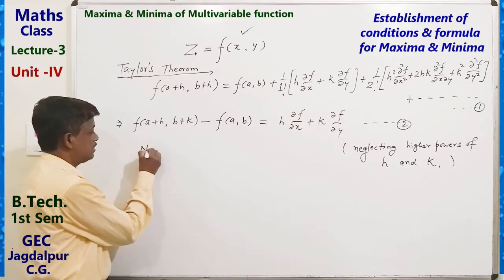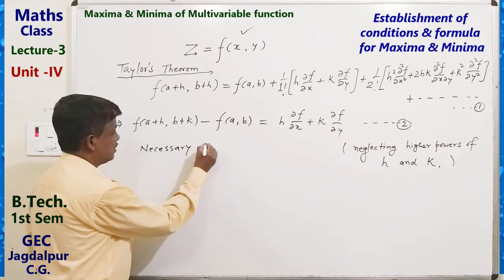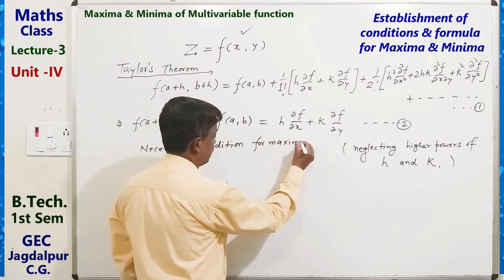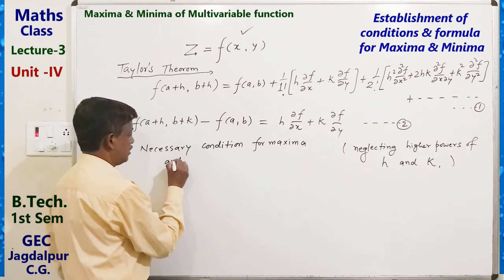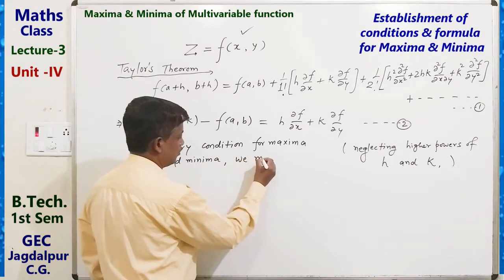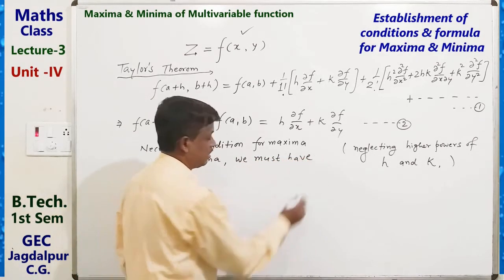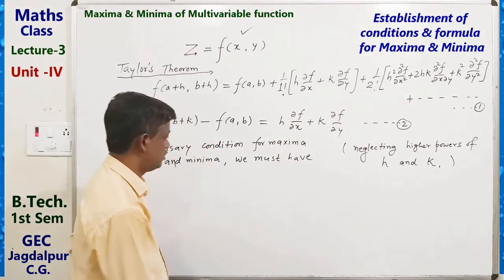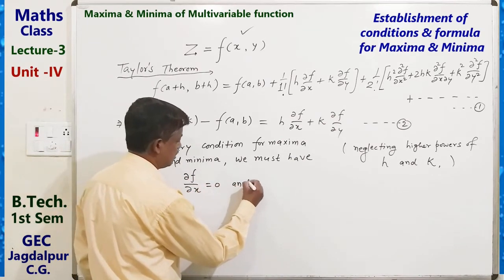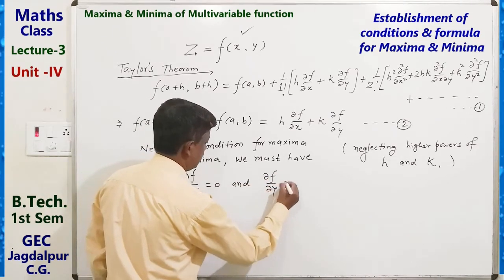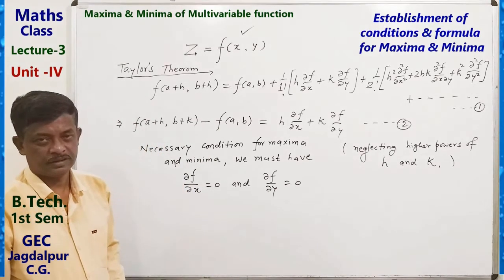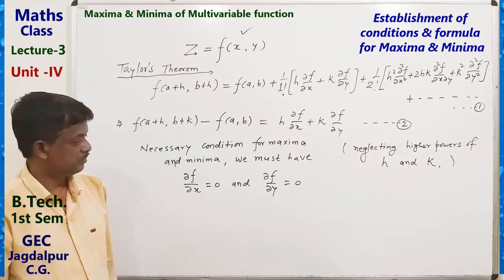So this is the necessary condition for existing of maxima and minima. So the necessary condition for maxima and minima, we must have del f by del x equals to 0 and del f by del y equals to 0 at the desired point.